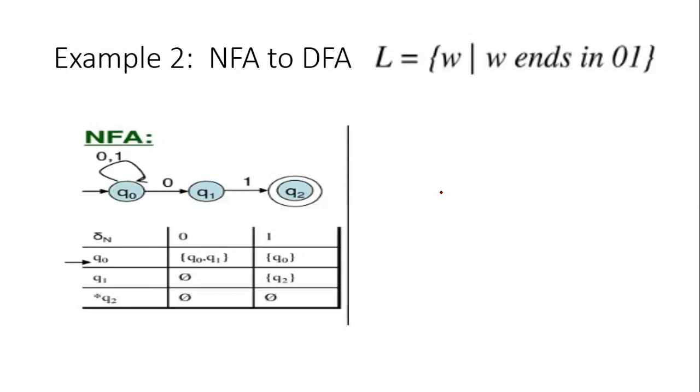Q0 is going to two states for 0, so this is an NFA. I am going to convert this NFA into a DFA. This NFA is drawn for the language whose strings end with 0. That's why this diagram is drawn.